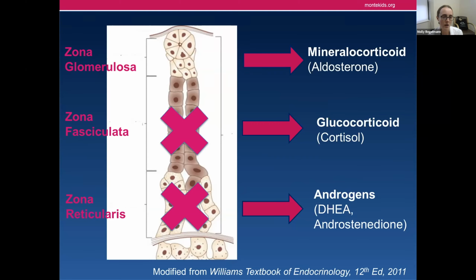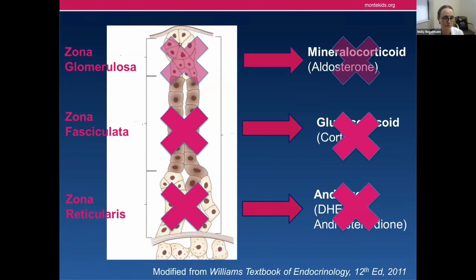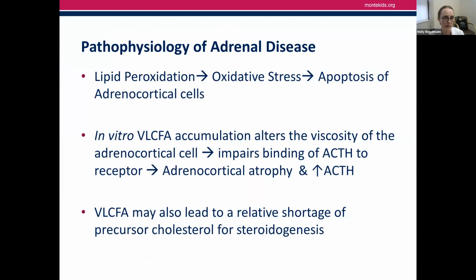But there are some boys and men that also get the accumulation into the glomerulosa and also have problems making mineralocorticoid, which is the hormone that's responsible for helping you hold on to salt as well. And when the very long chain fatty acids accumulate into the cortex, they cause problems with the production of cortisol.